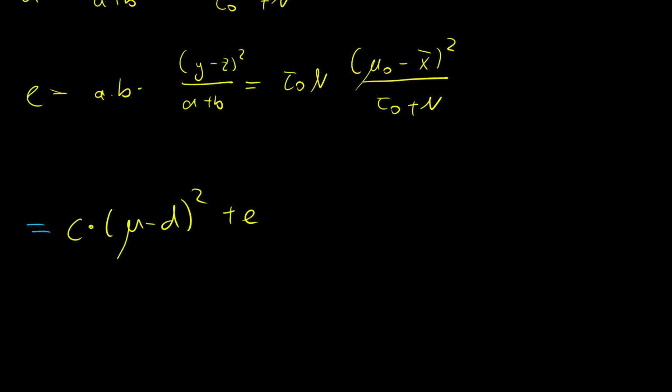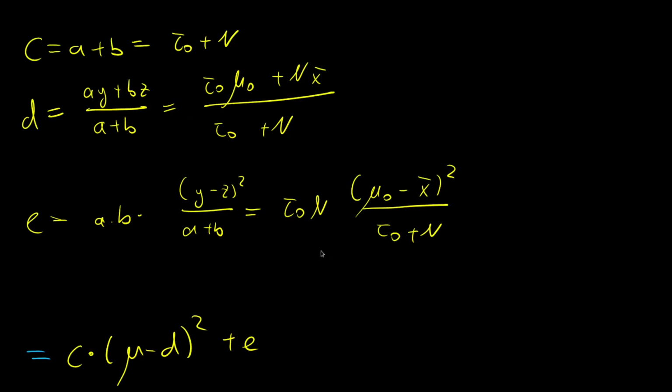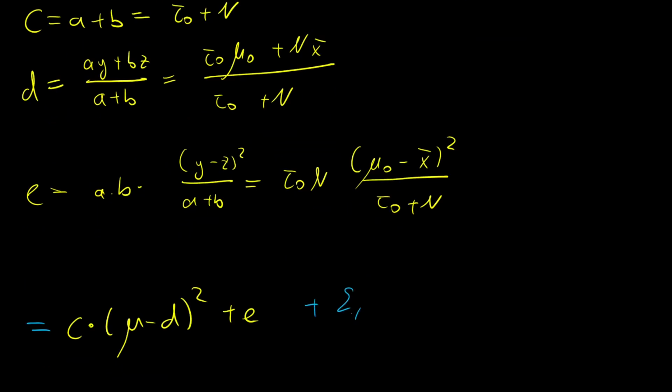And then of course we should not forget about this term with the summation, as this will just stay as an additive constant. So this will be plus the summation from i=0 to capital N minus 1 over (xi minus the x bar) in brackets squared.